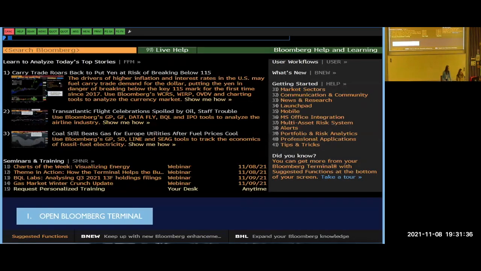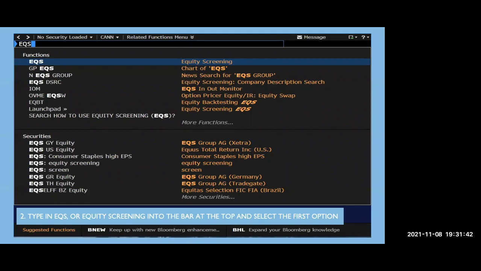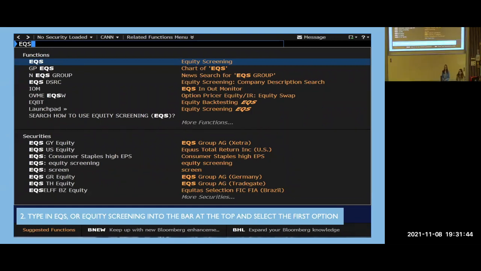So if you open up your Bloomberg Terminal, then you type in EQS. With Bloomberg, they have these three-letter abbreviations for words. It used to be the case whereby you could only use the Bloomberg Terminal using these abbreviations, but luckily now you can also just type in equity screening and it will come up with the same thing.